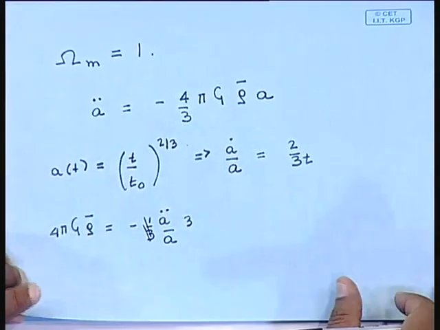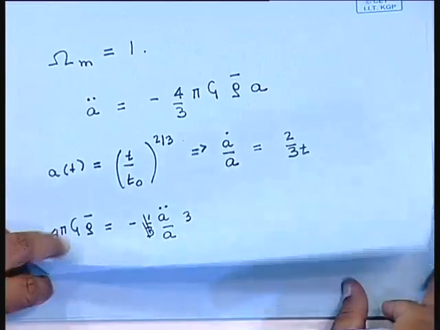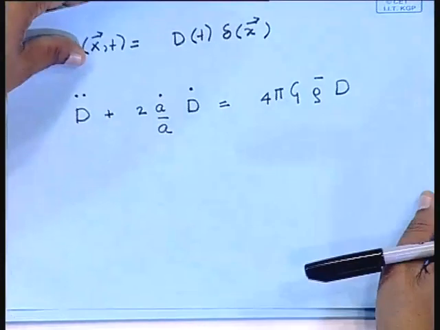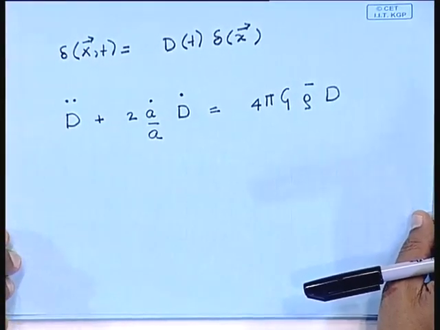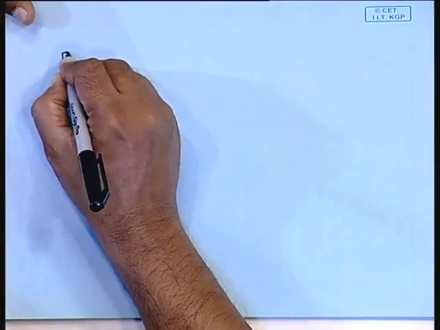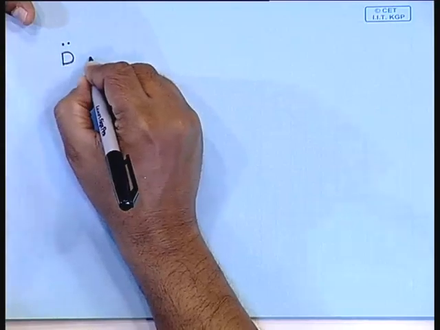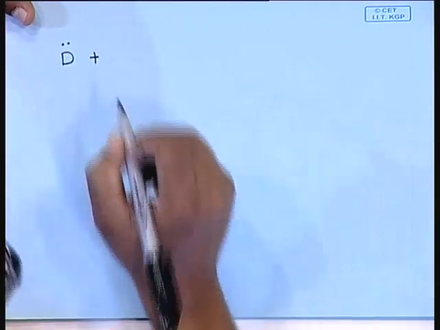So we can now substitute these in the differential equation that we wish to solve. This is the differential equation that we wish to solve. So let us substitute these in this differential equation. The equation that we wish to solve is d double dot, putting in these factors.